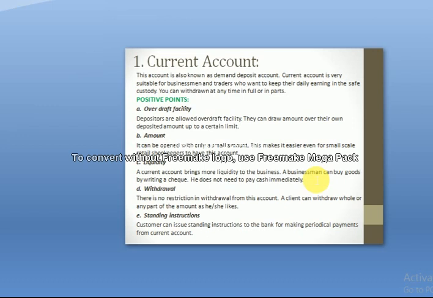As per accounting principles, a contra entry or contra transaction involves the transfer of cash from one cash account to another cash account or bank account.